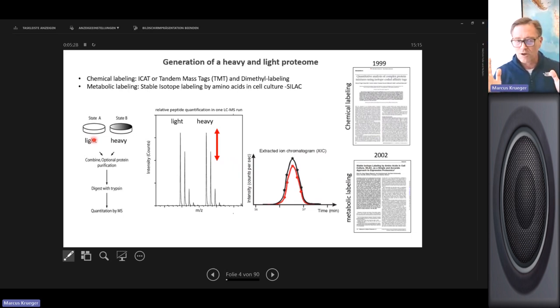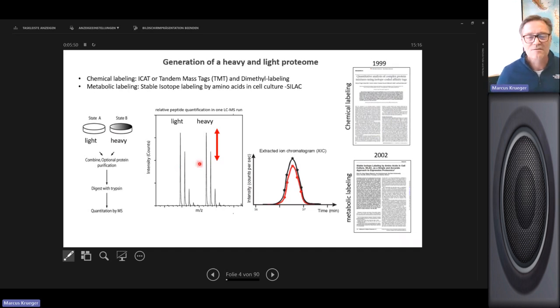So what we do now is mix those two conditions together, and then we can enrich, purify, or do whatever, and then use trypsin digestion to get peptides and measure them with LC-MS. The result is, of course, that we get a light peak and a heavy peak, which are separated by a certain mass range, right?